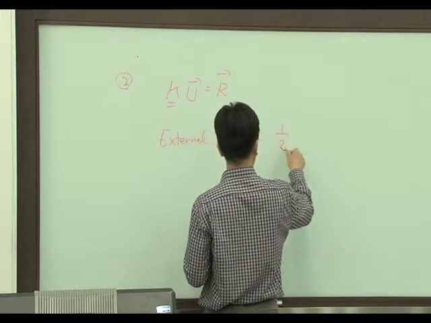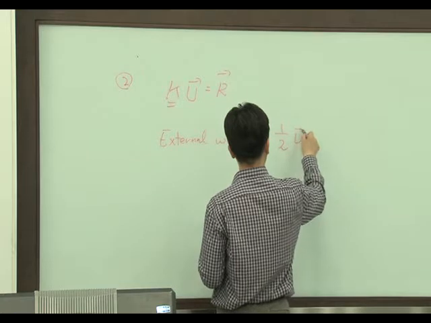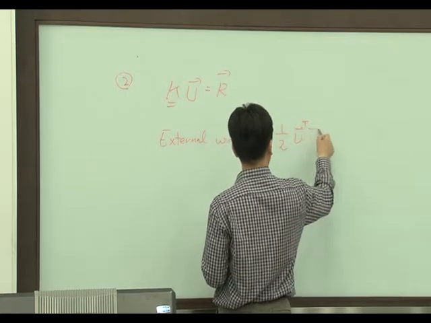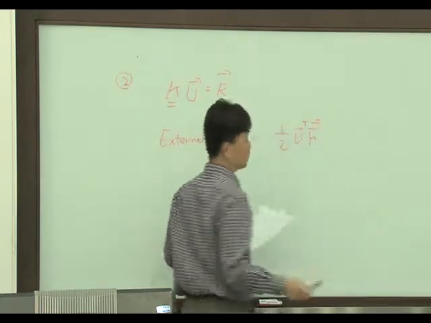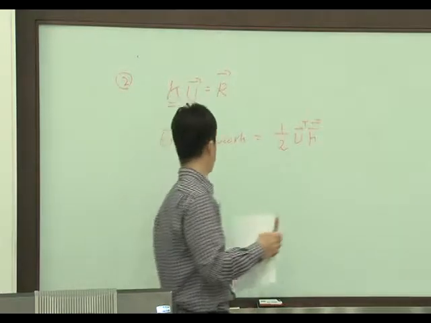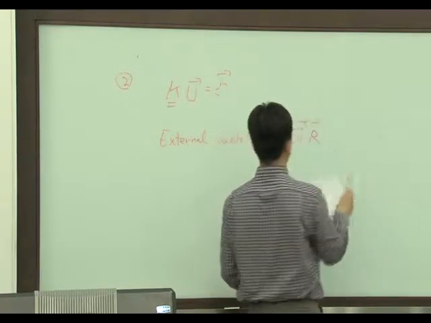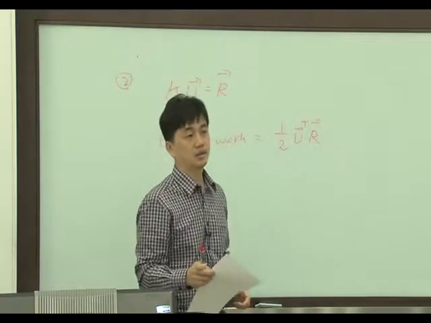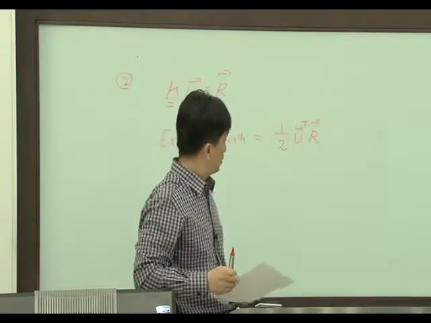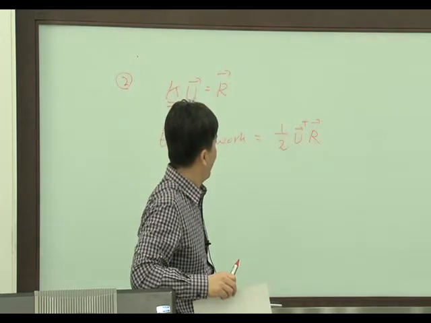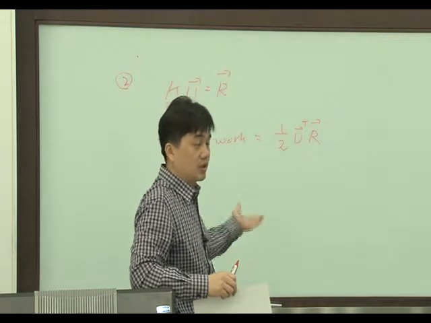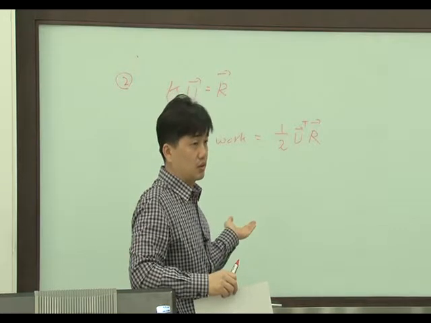This is just 1 over 2 U transpose R, right? If I take the dot product of U transpose and R, the external force and this displacement, we can calculate the external work, right?